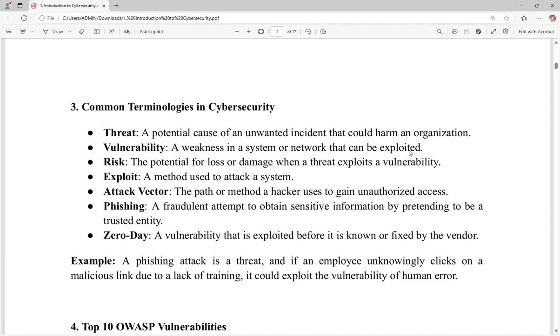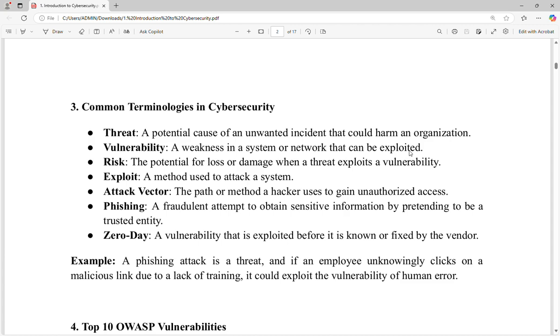When it has been exploited, you say 0 day attack, 0 day exploit. When this vulnerability has been known, but there's no security patch for it, and it has not been exploited, we call it 0 day vulnerability. There's no solution for it.